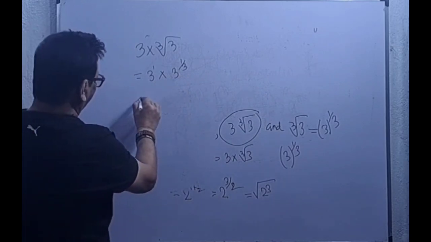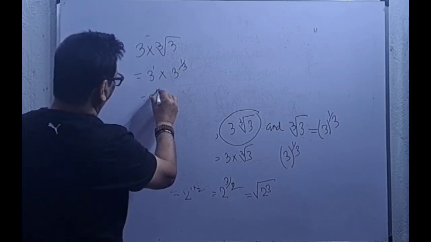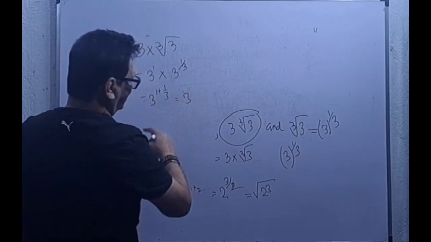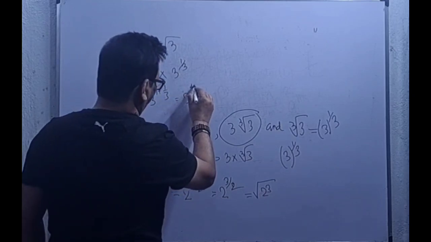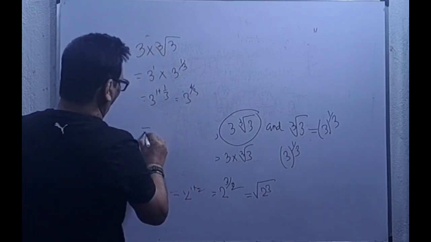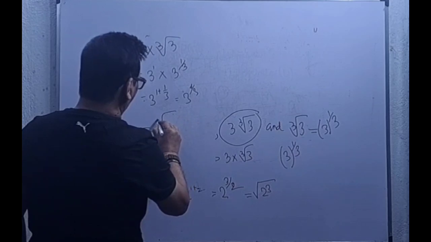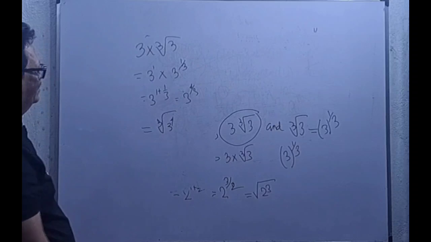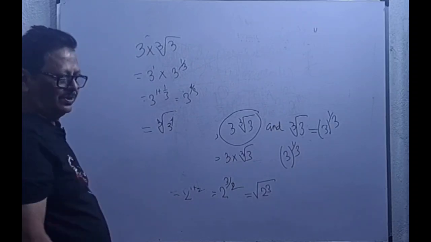Understood? This is equal to 3 to the power of 1 plus 1 by 3, which is 3 power 4 by 3, right? So that will boil down to third root of 3 to the power of 4. Understood? This is what I was talking about.